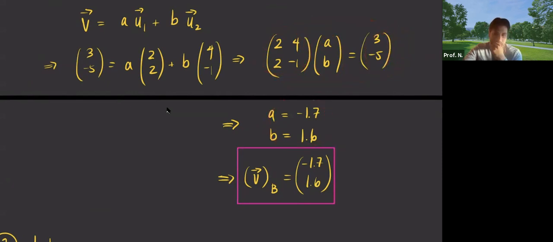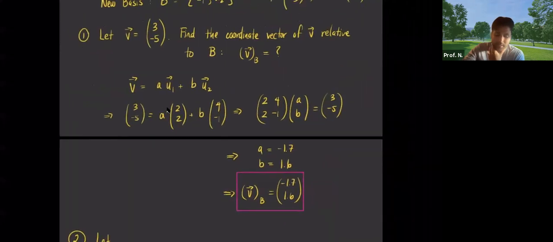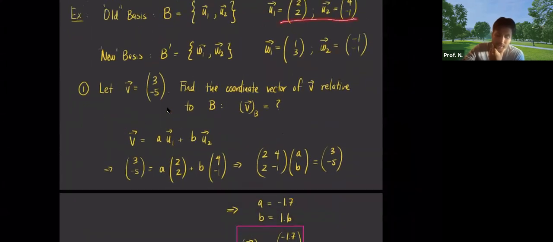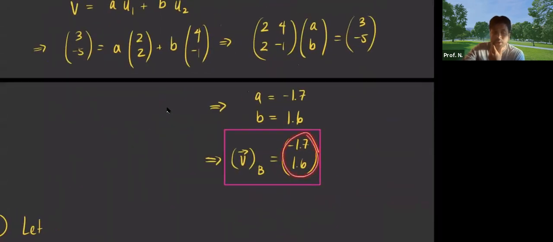You can check using your calculator that these are indeed the coefficients A and B that create this linear combination for this vector V. So these numbers are the coordinates of the vector relative to the old basis. The vector V in terms of these basis vectors has these coordinates relative to that old basis.